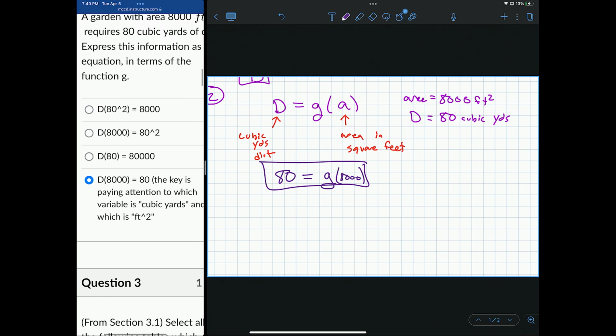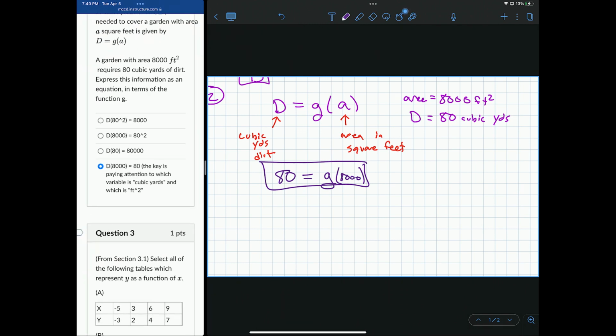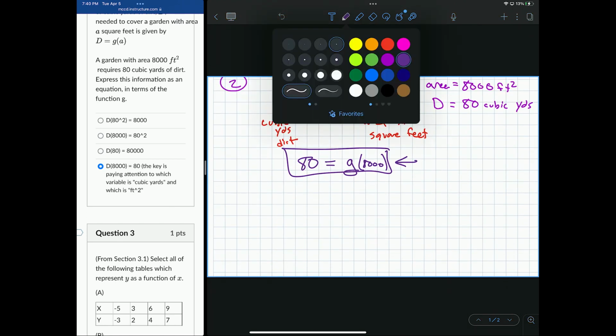So the option should be this one, but that D should be a G. I need to fix that. Also, I should not have put the text there that explains the problem. It should be written this way: G of 8,000, not D of 8,000. Fix that.